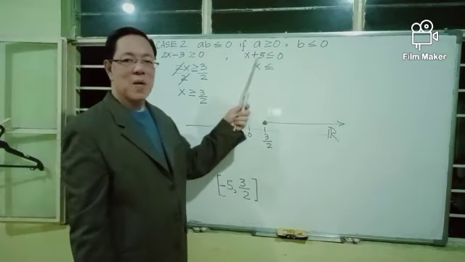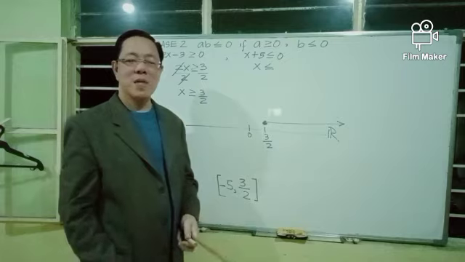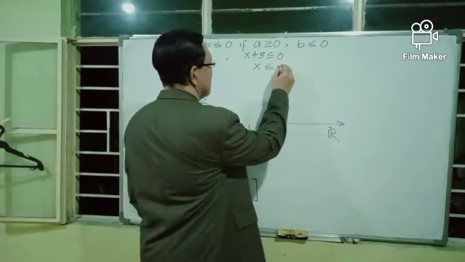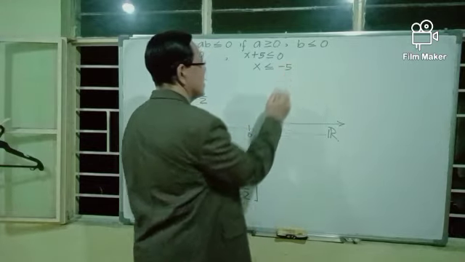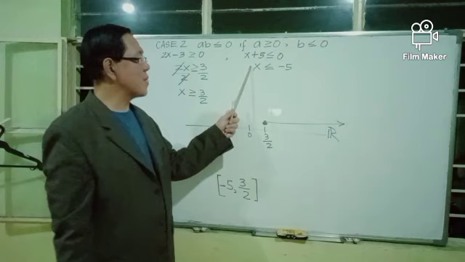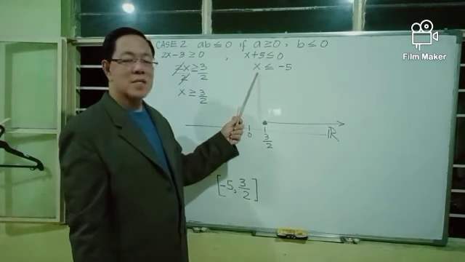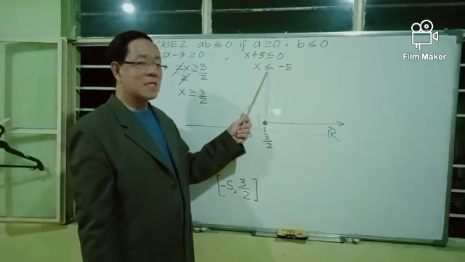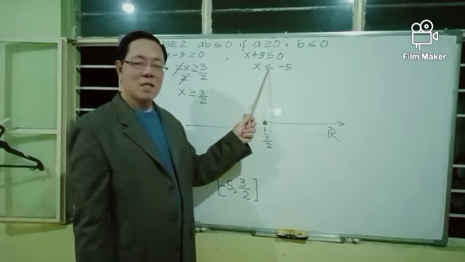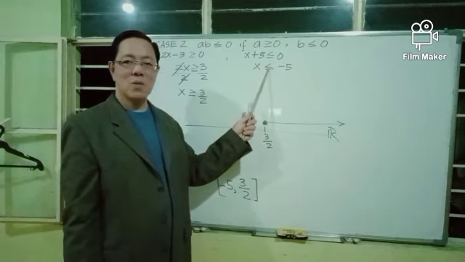Thus, the solutions of the linear inequality x plus 5 less than or equal to 0 are those real numbers that are less than or equal to negative 5. And with this equal sign, it means that negative 5 is also one of the solutions.